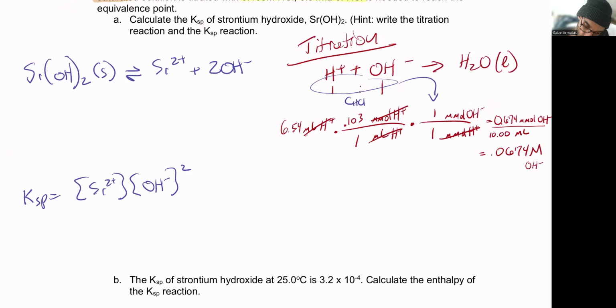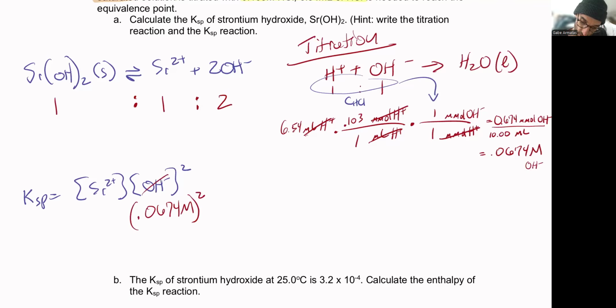So my concentration of hydroxide, I can replace that with 0.0674 molar, and I'll be able to square that. What's the concentration of my strontium? For every one strontium hydroxide I lose, I gain one strontium 2 plus and two hydroxides.